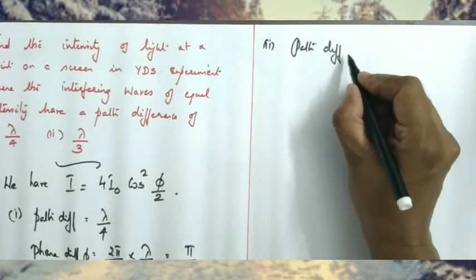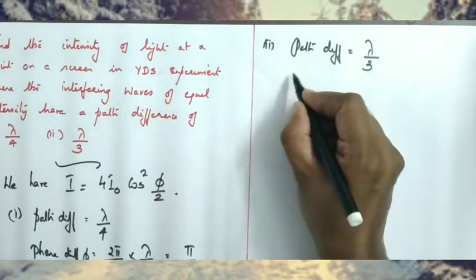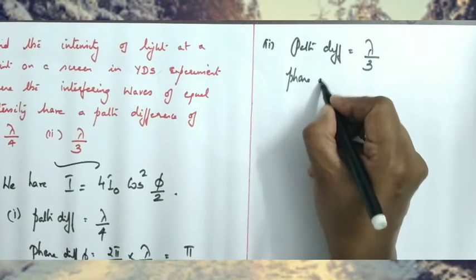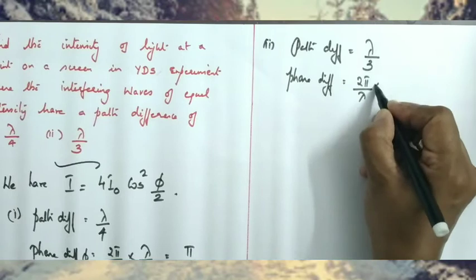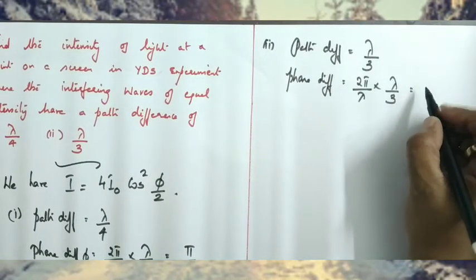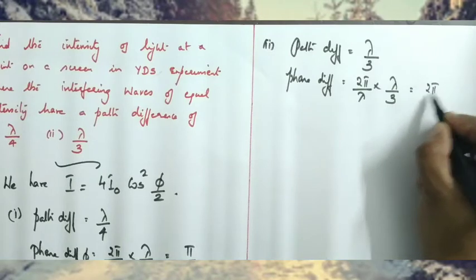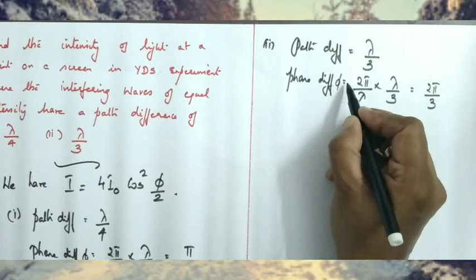Now the second case, path difference is lambda by 3. What is the phase difference? Phase difference is 2 pi by lambda into lambda by 3, which is 2 pi by 3.